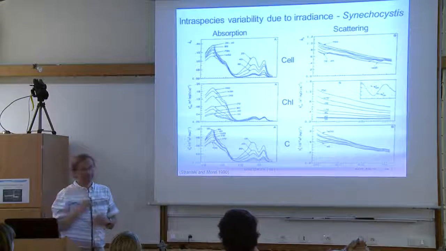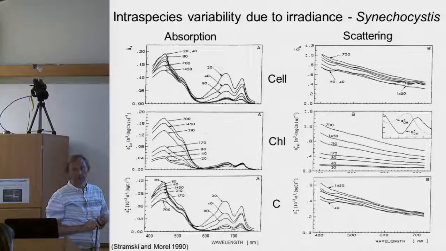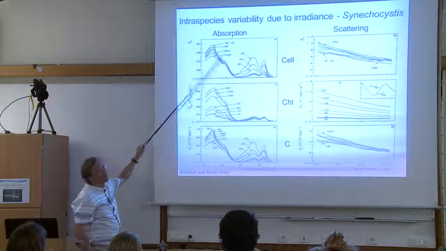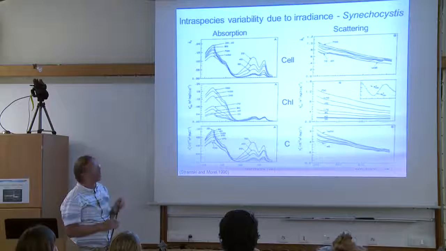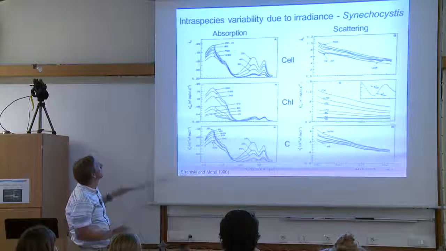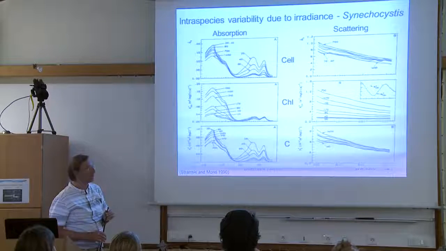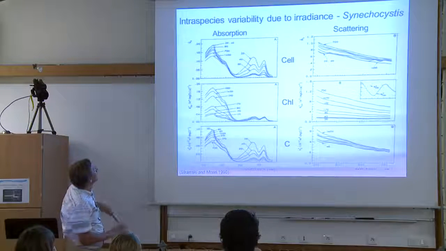This is PAR, so you already know what PAR is, in micro-Einsteins per meter squared per second. So 20 is a very low value of PAR, very dim light. 1450 would be full sun, more or less. That's a very bright light.